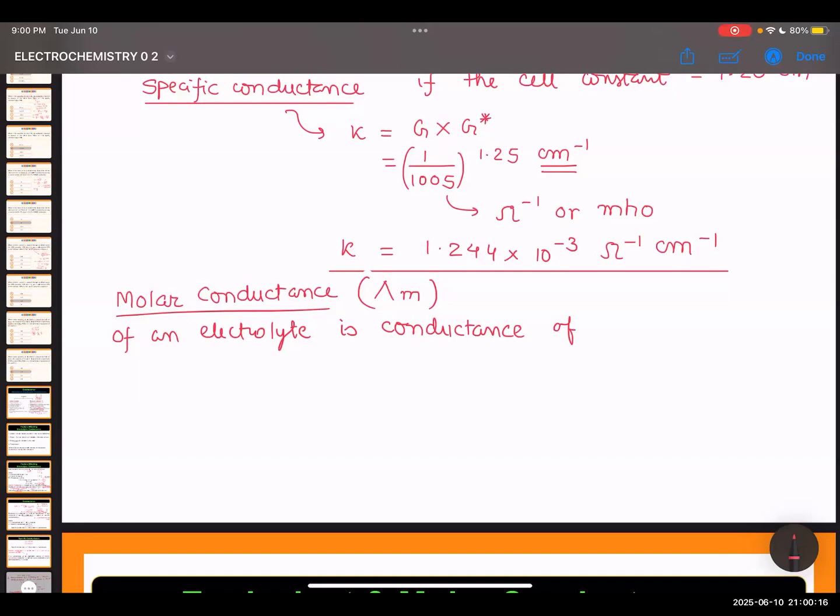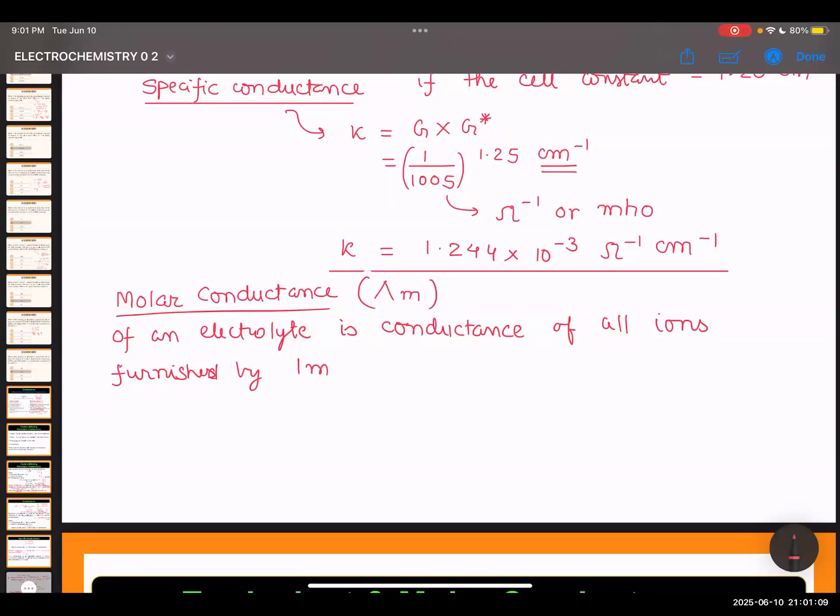It is the conductance of all ions furnished by one mole of electrolyte.